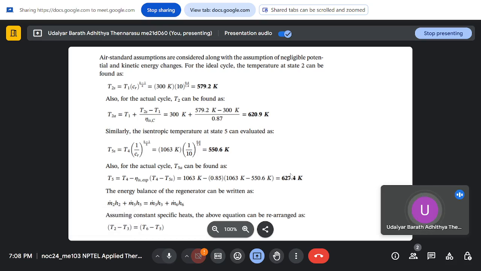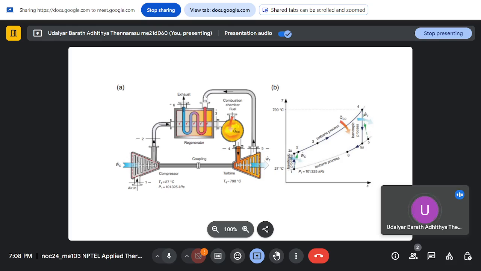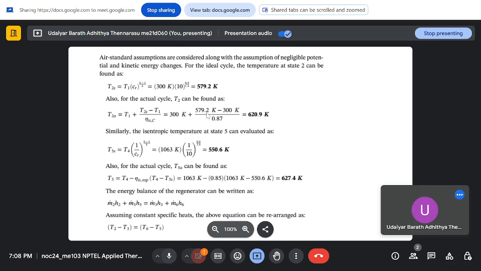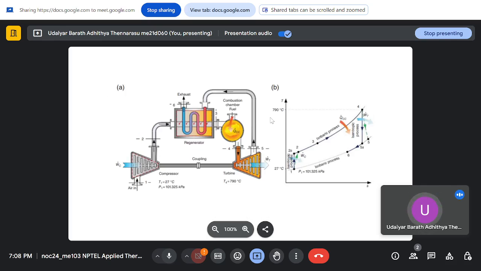Doing an energy balance across the regenerator, if you see the regenerator is here, inlet is 2, so m dot into H2 minus H3 equals m dot into H5 minus H6. Rearranging, inlet streams equal exit streams.